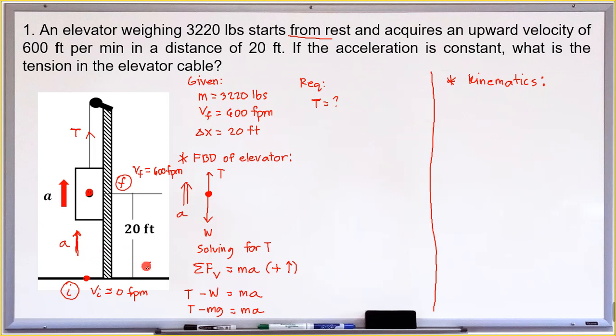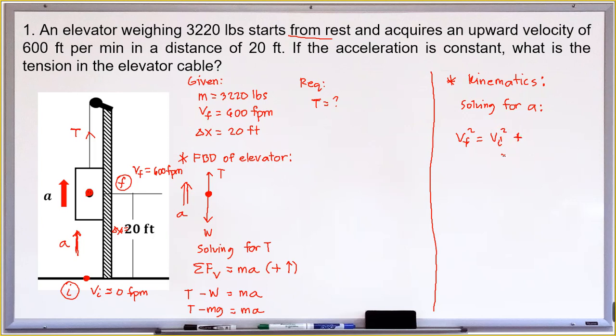So we have the initial velocity, the final velocity, and the displacement of 20 feet, our displacement delta x. To solve for A, we're going to use the third kinematic equation. It states that the square of the final velocity is equal to the square of the initial velocity plus 2A change in position.